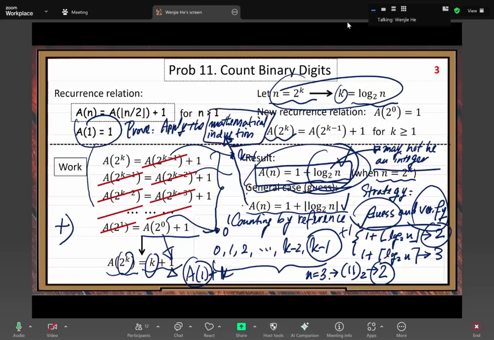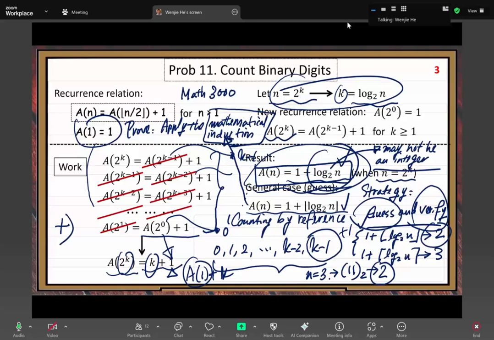You learn it in your discrete math. In this class, we use a lot of background from Math 3000, discrete math. There is one whole chapter covering this mathematical induction topic. Pretty hard, not that easy.